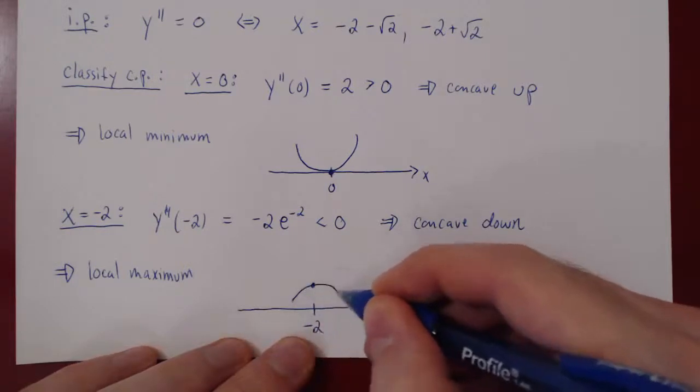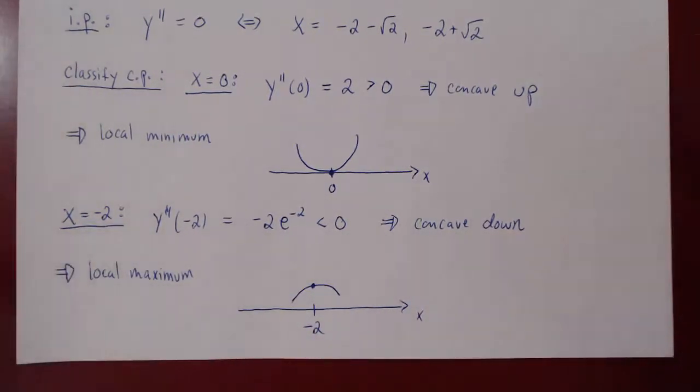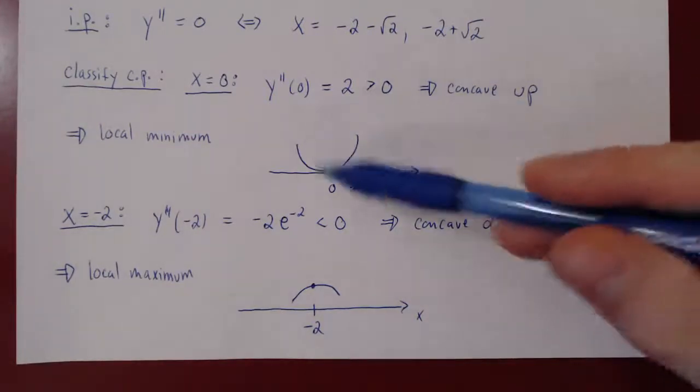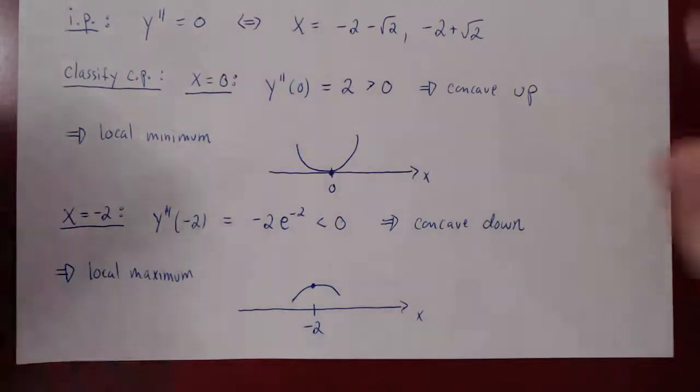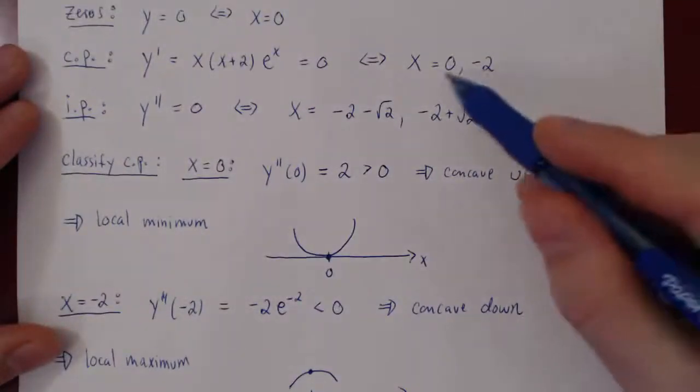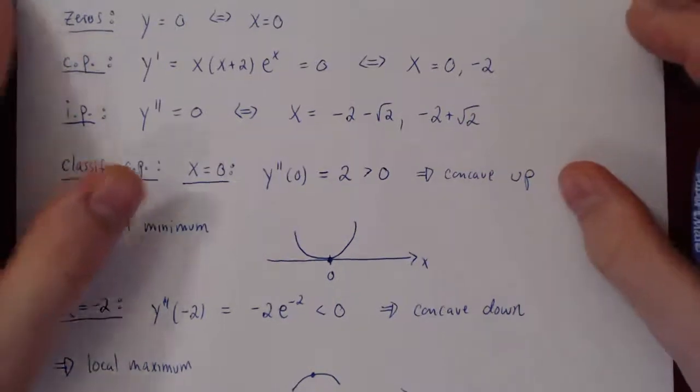So it will look something like this. So we have classified successfully our two critical points. x equals 0 is a local minimum, x equals negative 2 is a local maximum, and those were our only two critical points, so we are now ready to look at a table of values.